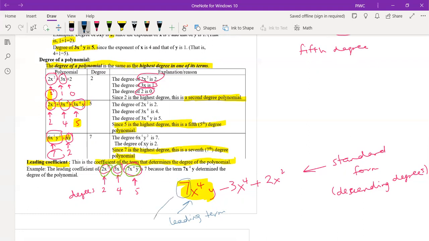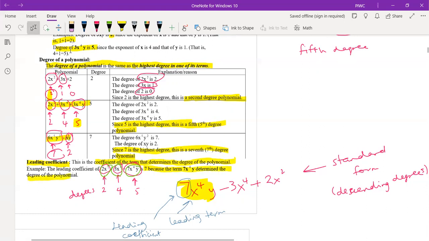So 7 will be the leading coefficient, because the term 7x^4y determines the degree of the polynomial.